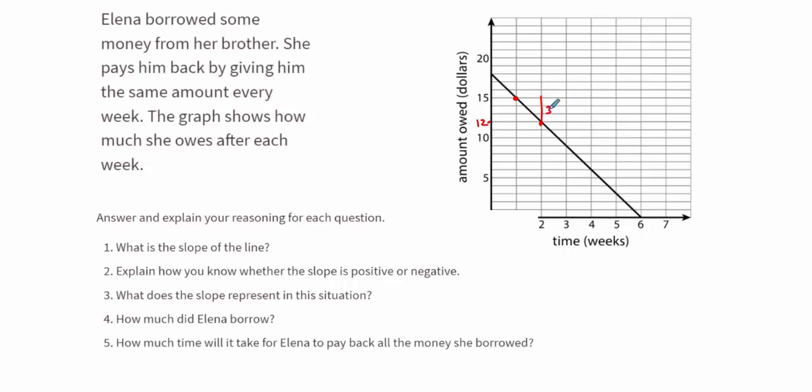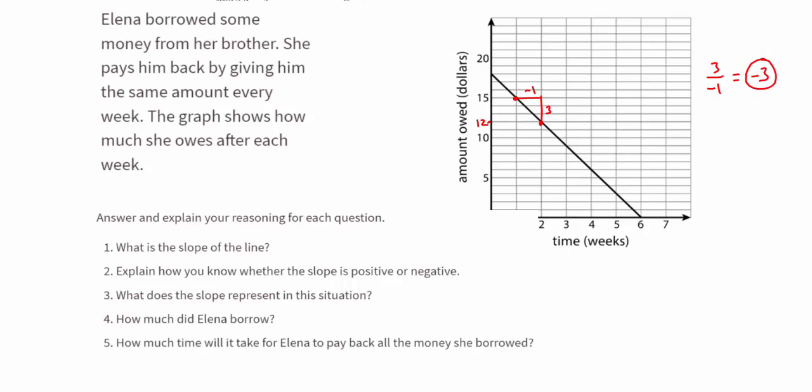I'm going up 3, but then I'm going to go left 1. So my rise is 3, my run is -1. 3 divided by -1 is equal to -3. So there's my slope, -3.